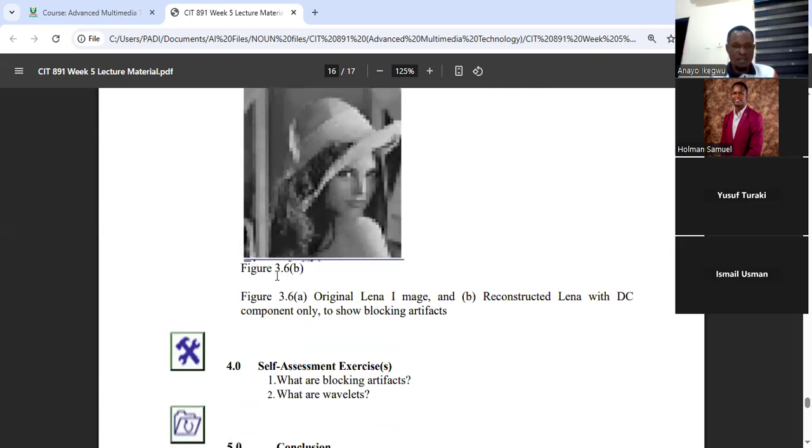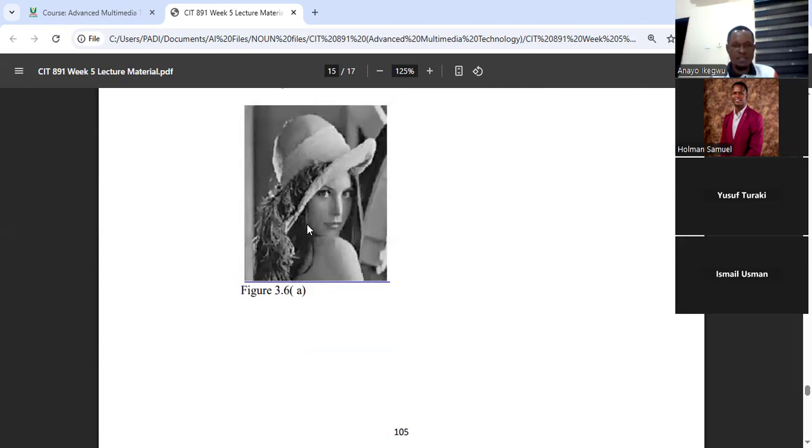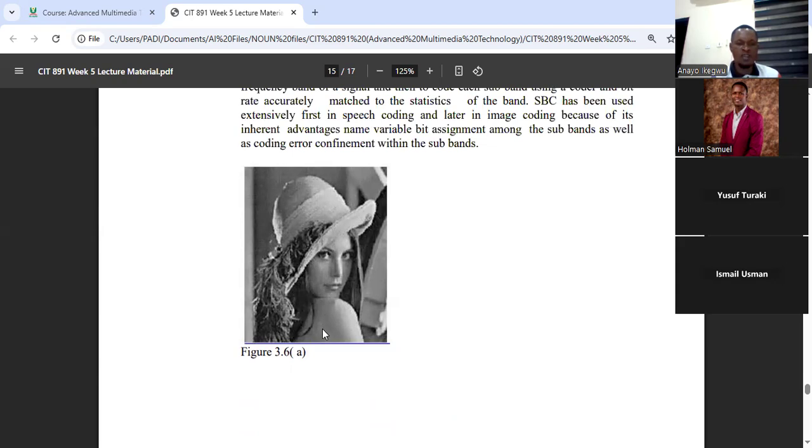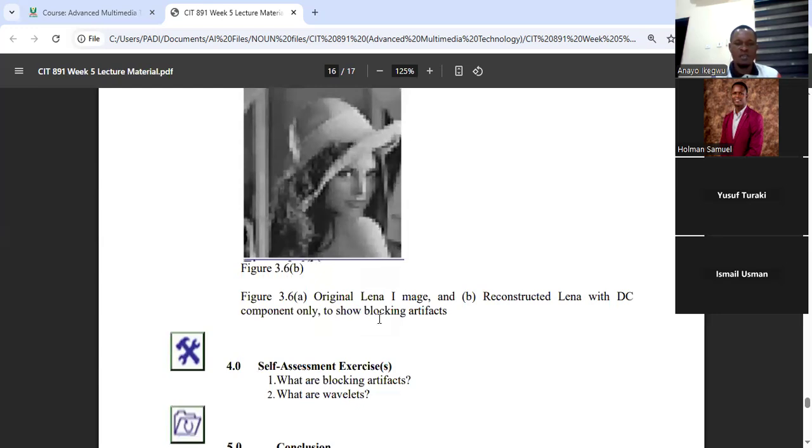Maybe let's look at figure 3.6b. Look at the brightness of the two images in figure 3.6a compared with figure 3.6b. You see the original image has been reconstructed with the DC component to show blocking artifacts.